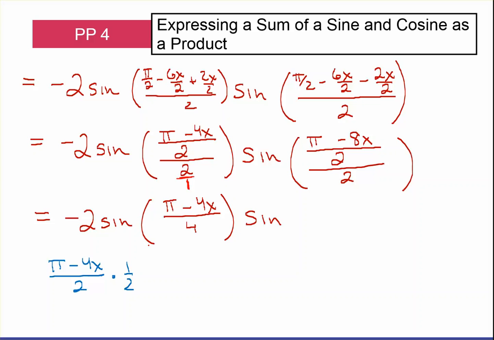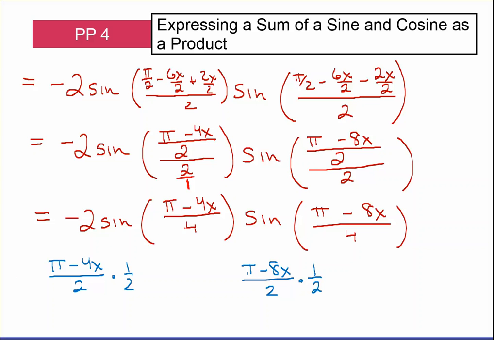Cool. Sine of, again, same thing here. It's going to be pi minus 8x over 2, and then we multiply by 1/2, which makes a 4 on the bottom, so pi minus 8x over 4. Okay, and one final step to do here.